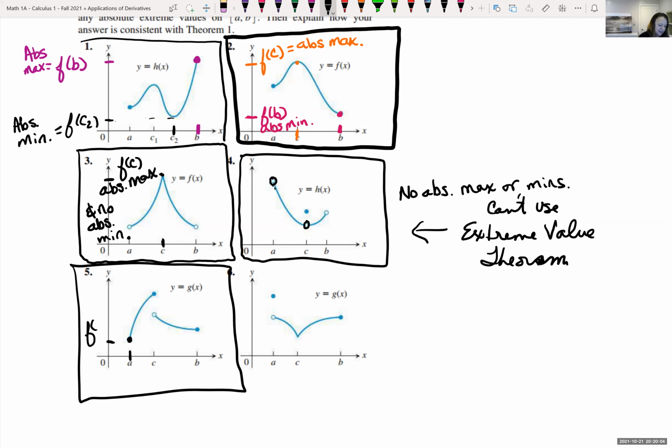So f of a, the y value, is the absolute min. If I look at x equals c, this is a closed circle here, and that's the highest y value on that graph. And so f of c is an absolute max.